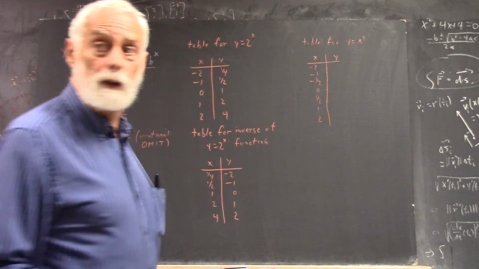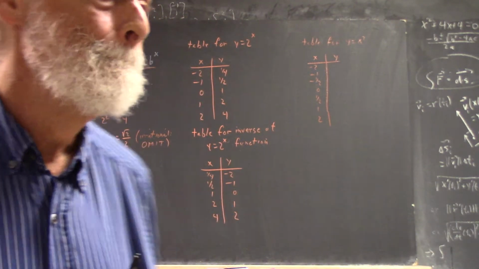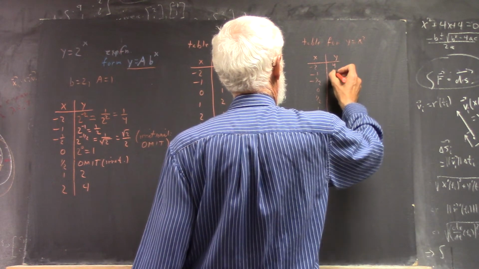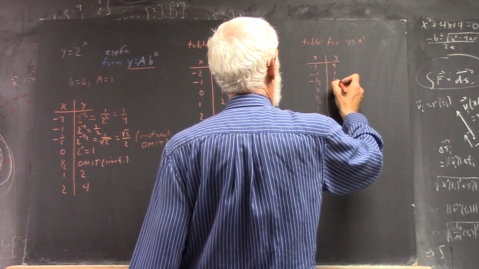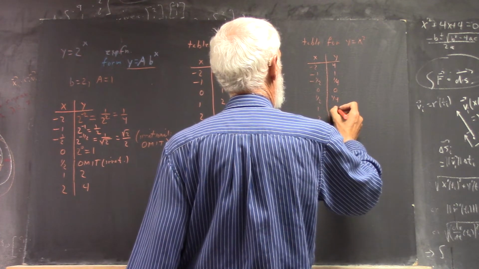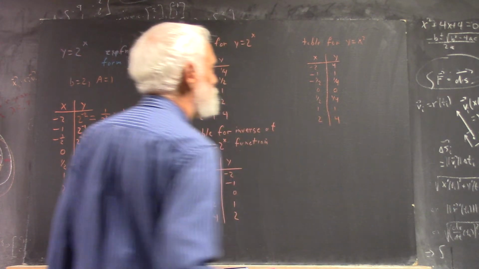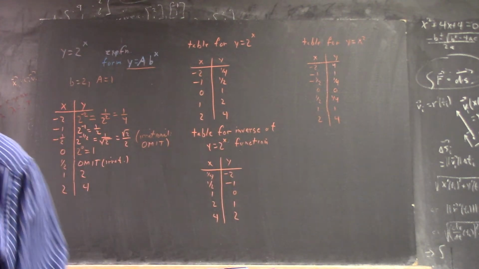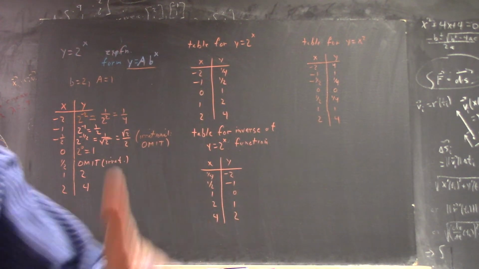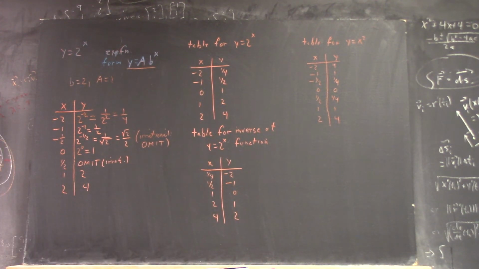So there is our table. There are the x values, and the y values are really easy. There are the values of the x squared function, the basic values that we use to get the shape of the function.